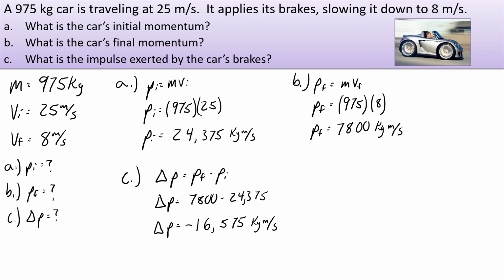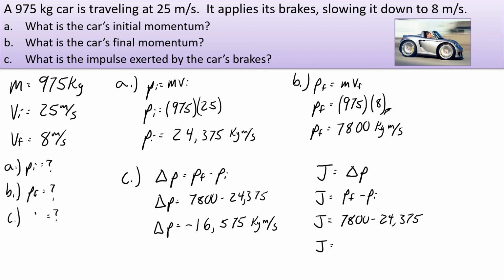Oh, but it specifically said what is the impulse exerted by the car's brakes. So actually, we can use this as the impulse because we said that the impulse is equal to your change in the momentum. So technically, I should have written that first, and then I could have written this. And then you get an impulse. What is the J? See, I wrote it wrong over here.